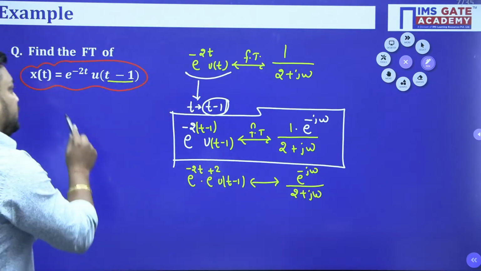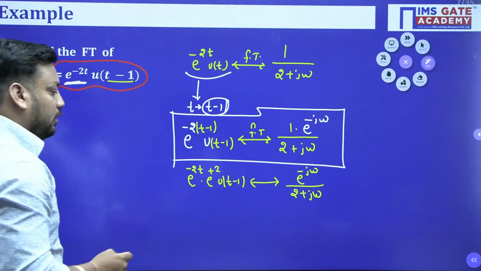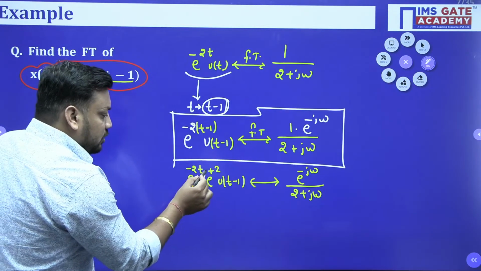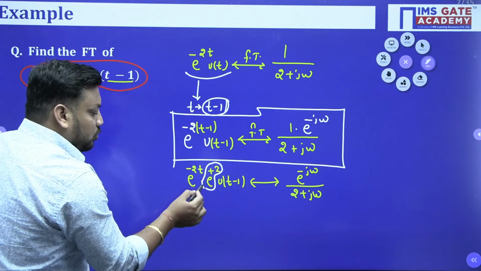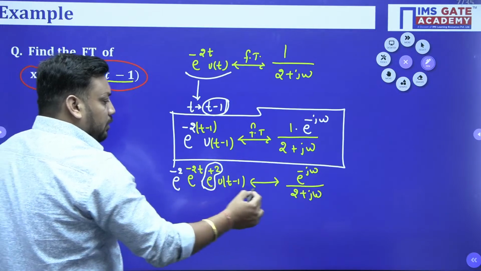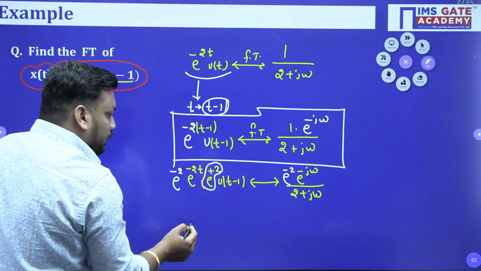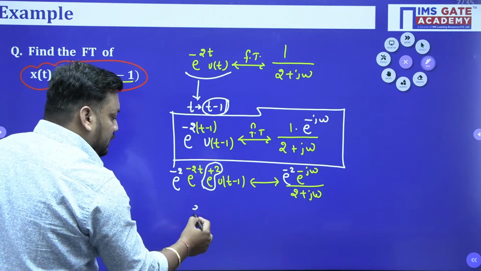Now you have to check your question. The question requires only the e to the power minus 2t term. It means this question does not require this e to the power plus 2. So I can multiply both sides by e to the power minus 2. Then e to the power plus 2 and minus 2 will get cancelled out.